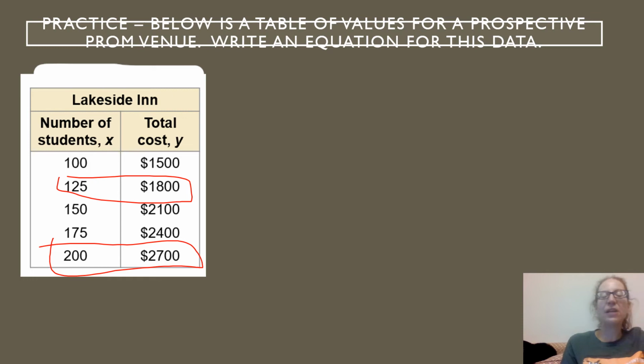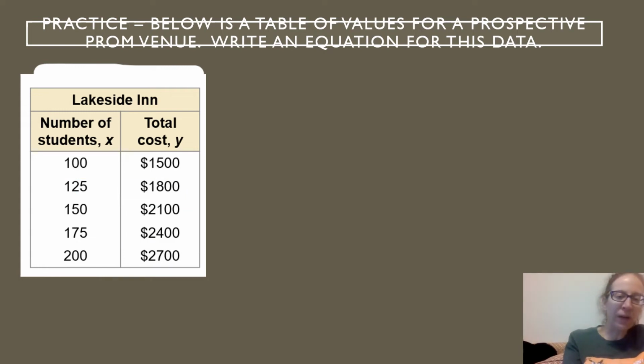They don't have to be next to each other, okay? It doesn't matter. You just need 2 points. I tend to lean towards the first 2 points because the numbers are smaller, and for no other reason than the numbers are smaller. If you think that another set of points works better, you can knock yourself out.